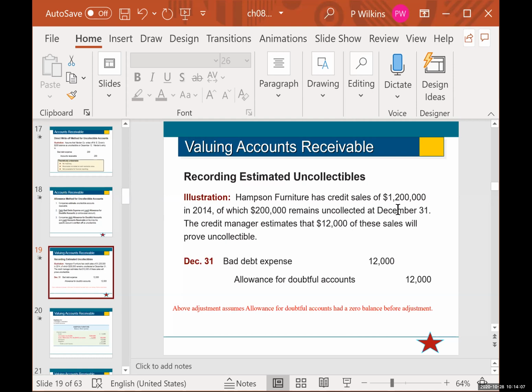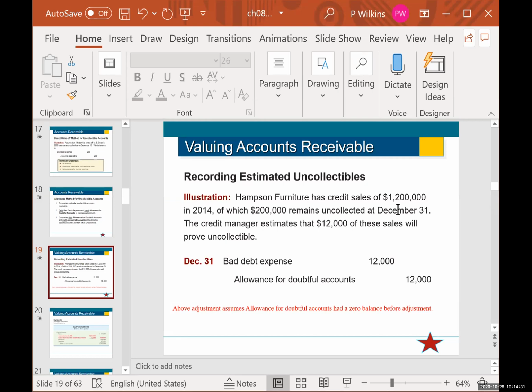Okay, so Hampson Furniture has credit sales of $1,200,000 in 2014, of which $200,000 remains uncollectible at December 31. The credit manager estimates that $12,000 of these sales will prove uncollectible. So what you want to do is the entry to get that money into allowance for doubtful accounts.